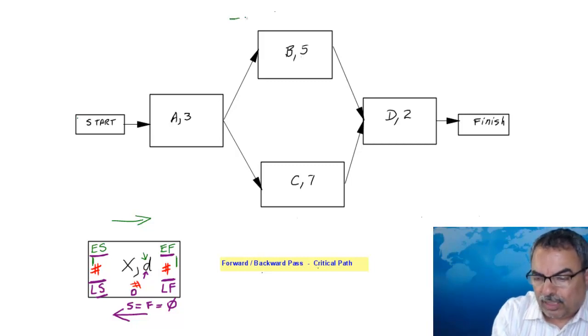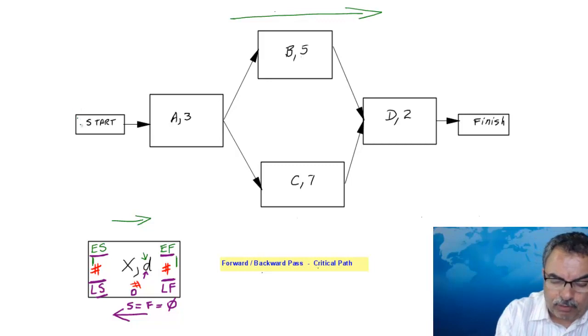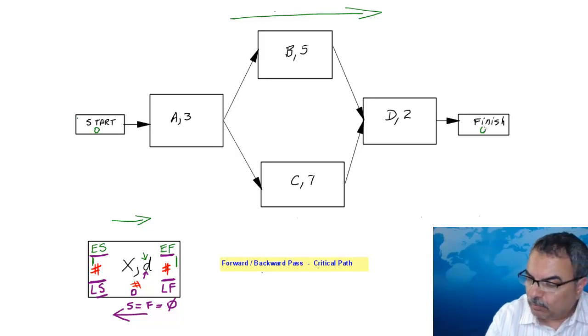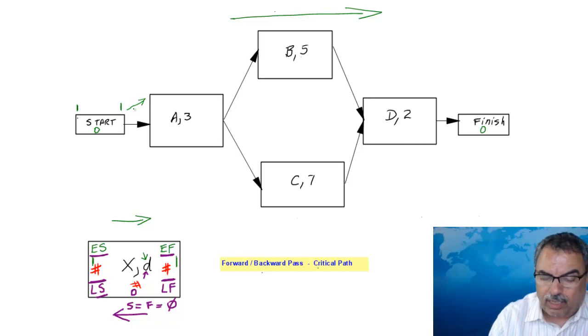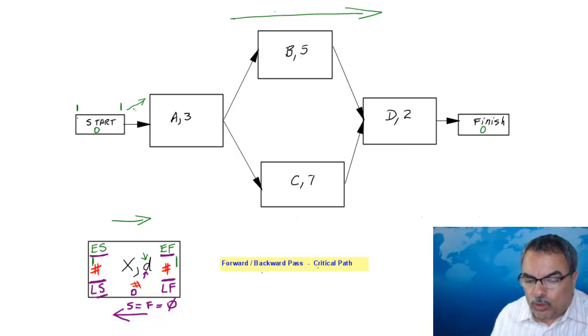We're going to first start by doing a forward pass going this way. By the way, the start and the finish are both milestones, therefore they have 0 duration. They don't take any time to be done. So if we start this task on day 1 at 8 o'clock, we finish it on day 1 at 8 o'clock. This one goes to this task right here, and I still did not use day 1.